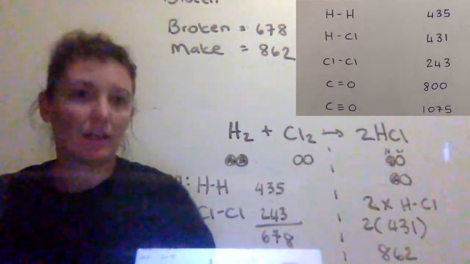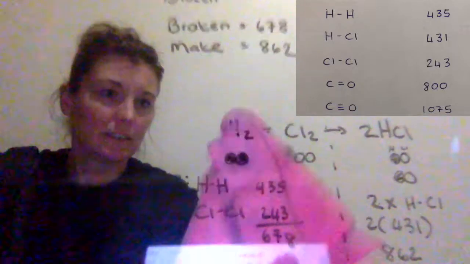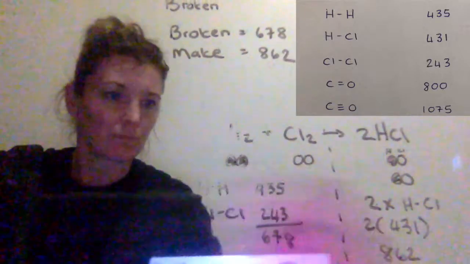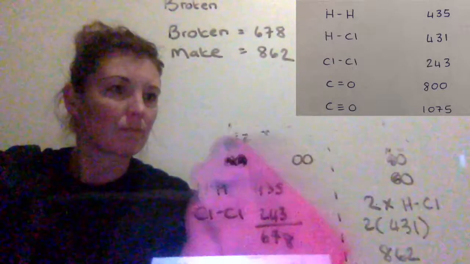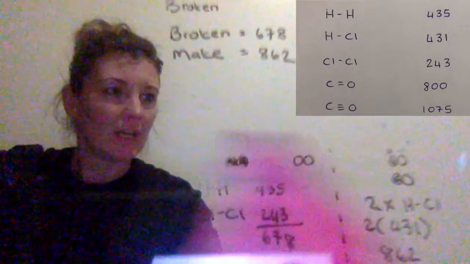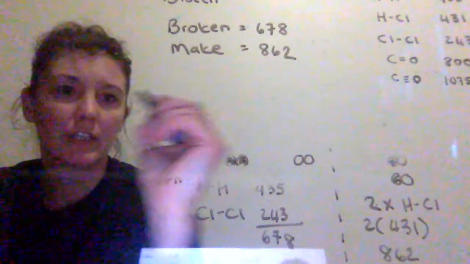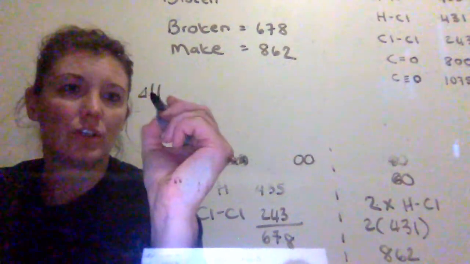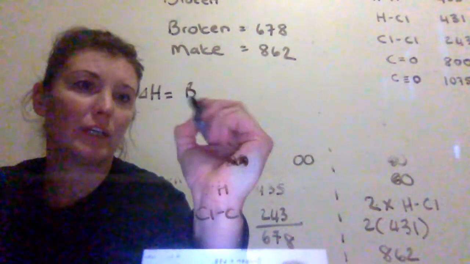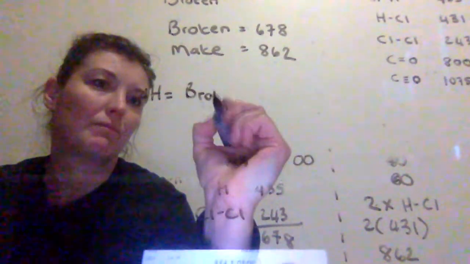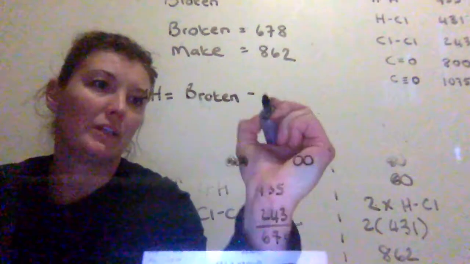Okay, and now let's get rid of all this. What we're going to do is just use the equation: delta H equals bonds broken minus bonds made.